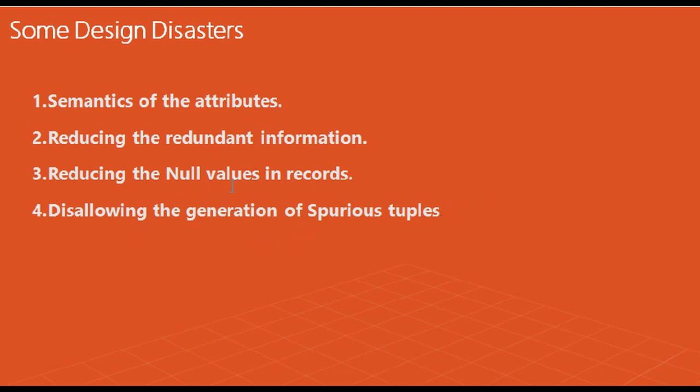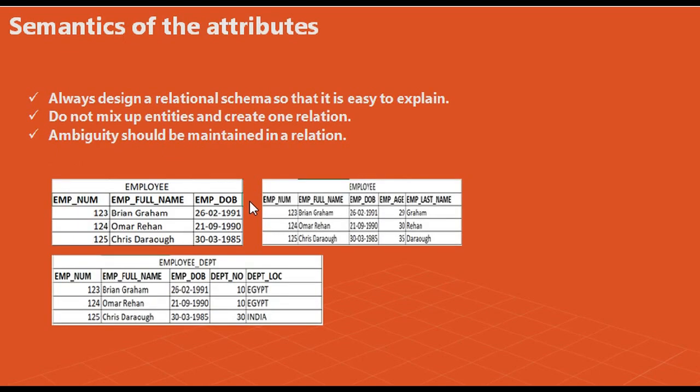So let's understand the semantics of the attributes first. Semantics of the attributes is a very basic foundation of designing any relational database. It says that always design a relational schema so that it is easy to explain; in a simplified way, the relation should be self-explanatory.